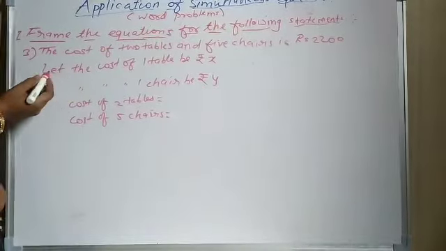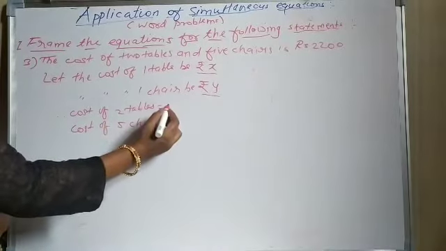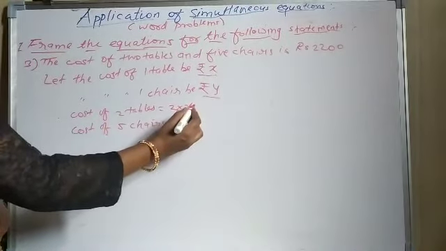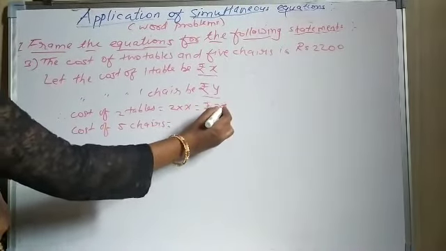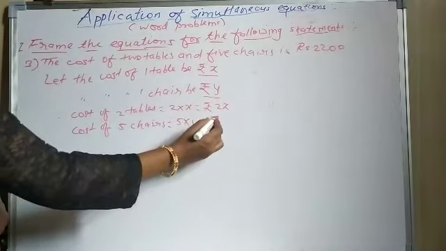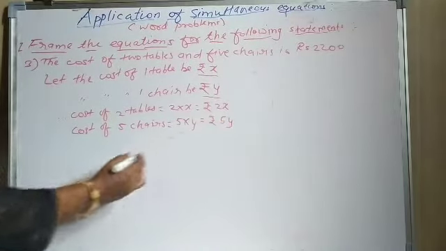The cost of one table you have taken as x, so the cost of two tables is 2 into x, that is rupees 2x. Similarly, the cost of one chair is rupees y, then the cost of 5 chairs is 5 into y, that is rupees 5y.